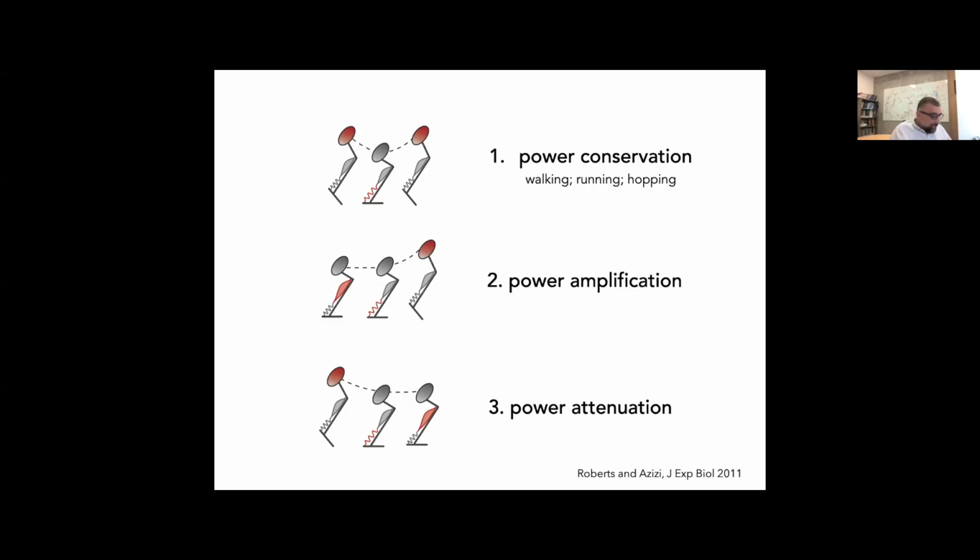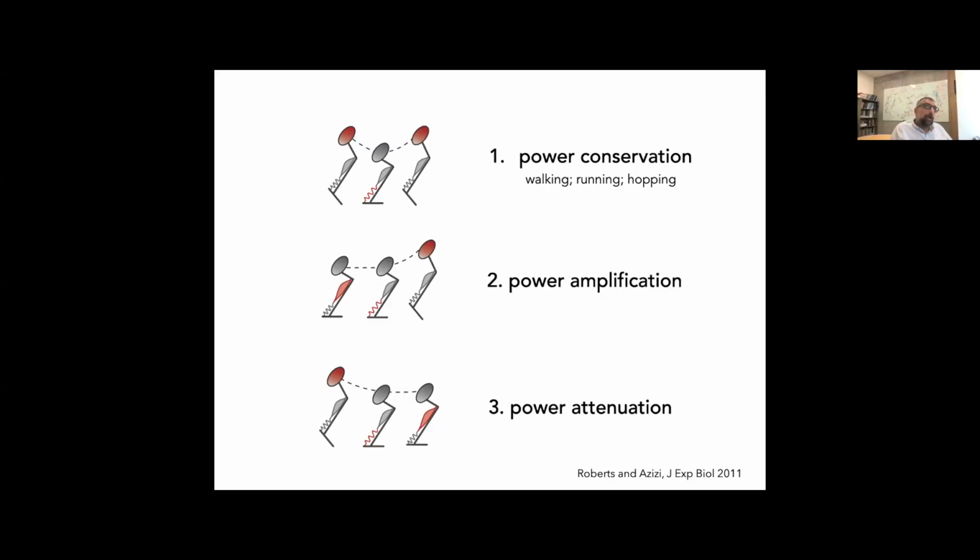And so if we look at this schematic that I have there, the red indicates where there is a high mechanical energy. What we see in power conservation is that the center of mass has high kinetic and potential energy. It's in the air. It's about to come down. And when the foot hits the ground, for example, and the ankle flexes, the mechanical energy from the center of mass gets loaded into our tendon, while the muscle is simply producing force and operating isometrically.